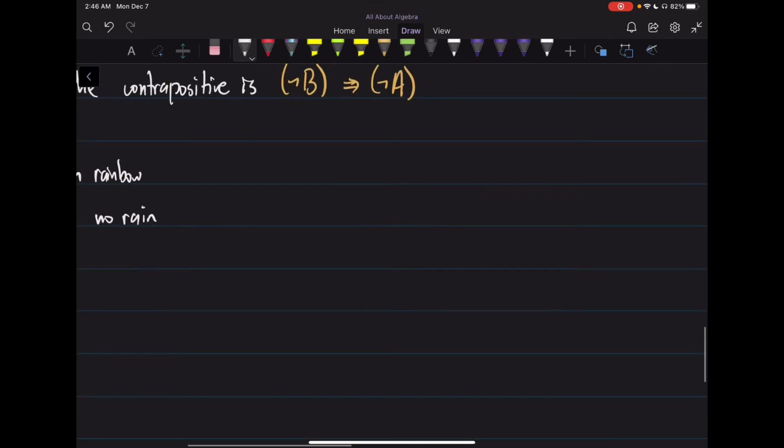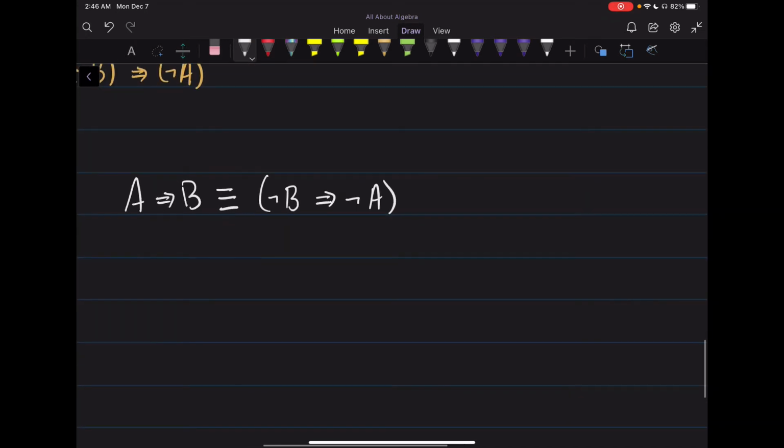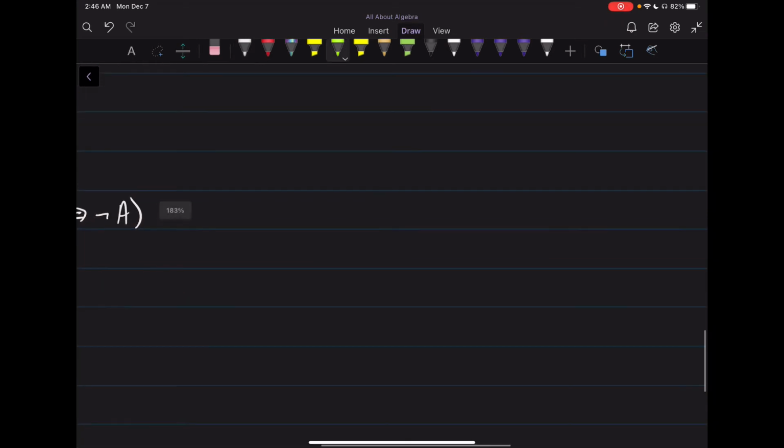Let's say A implies B is logically equivalent to the contrapositive, which is negation B implies negation A. Alright, so we're saying that they're logically equivalent. Why? Again, let's test it out.